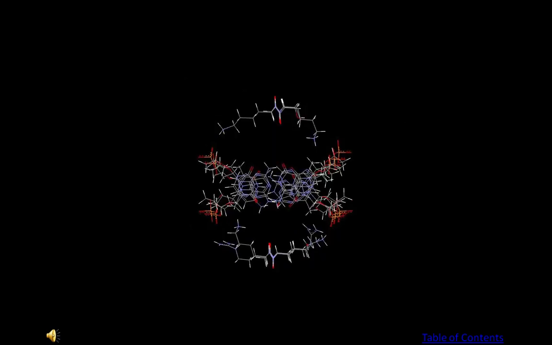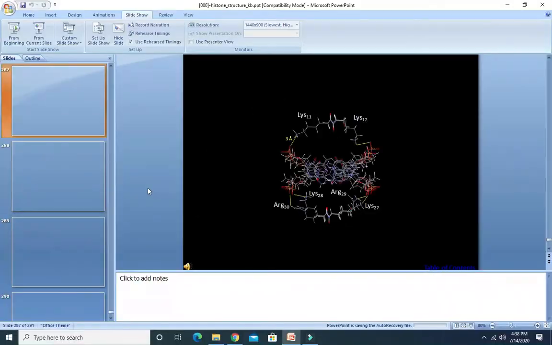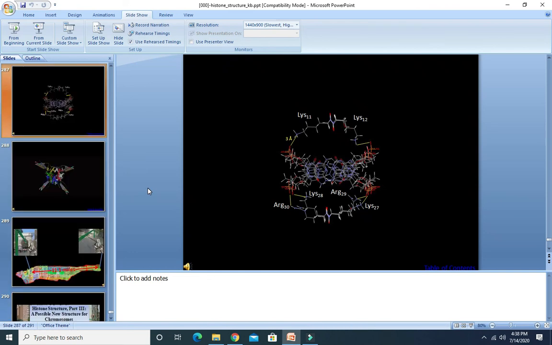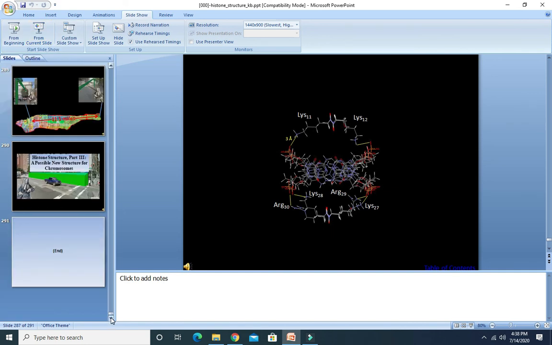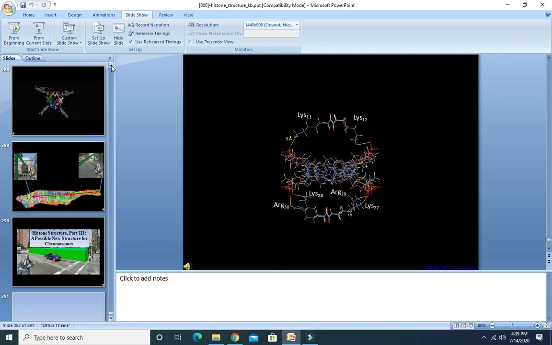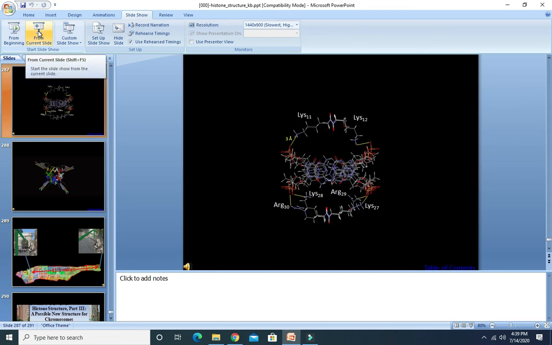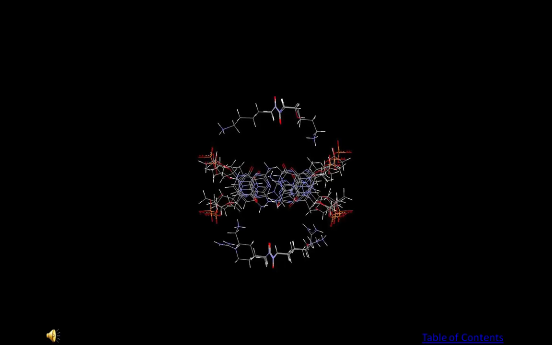Here's a cross-section of the N-terminus and associated DNA from the lower right-hand corner of the octamer, where H2A and H2B, chains G and H, reside.